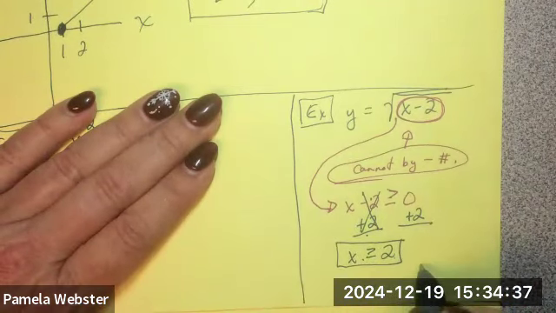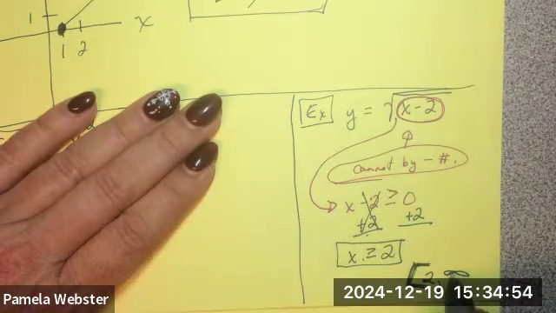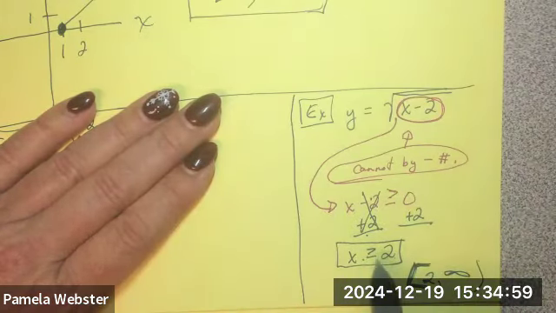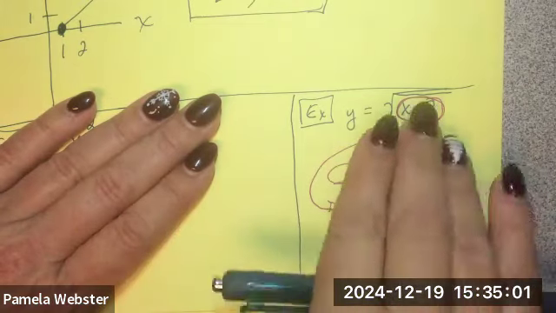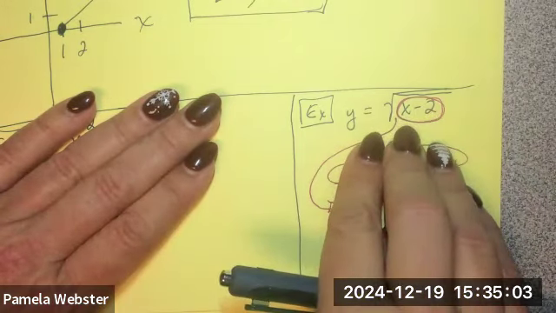That means we're starting here at 2. I had a student once who said it's like you take those equal to signs and then you just connect it, right? So greater than or equal to means start at 2, and what numbers are bigger? 3, 4, 5, 6, all the way to infinity. So what this is telling me is you can put in 2. 2 minus 2 is 0.